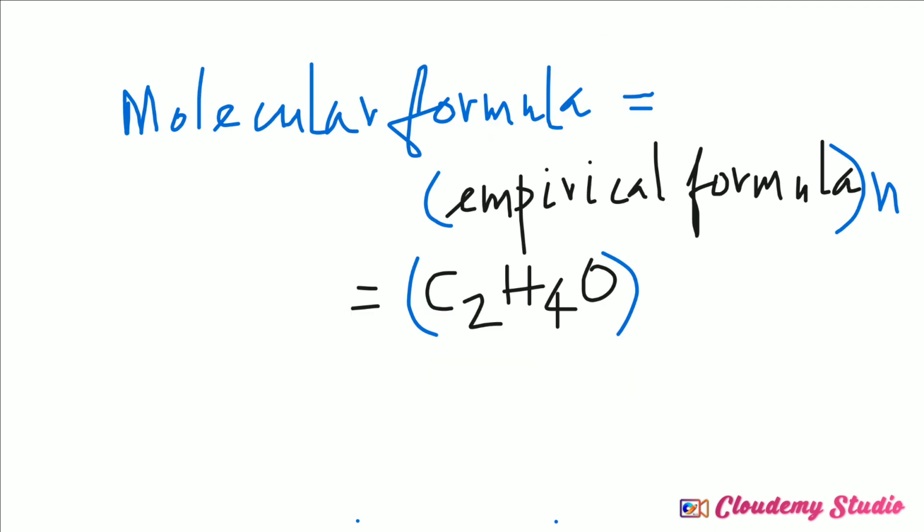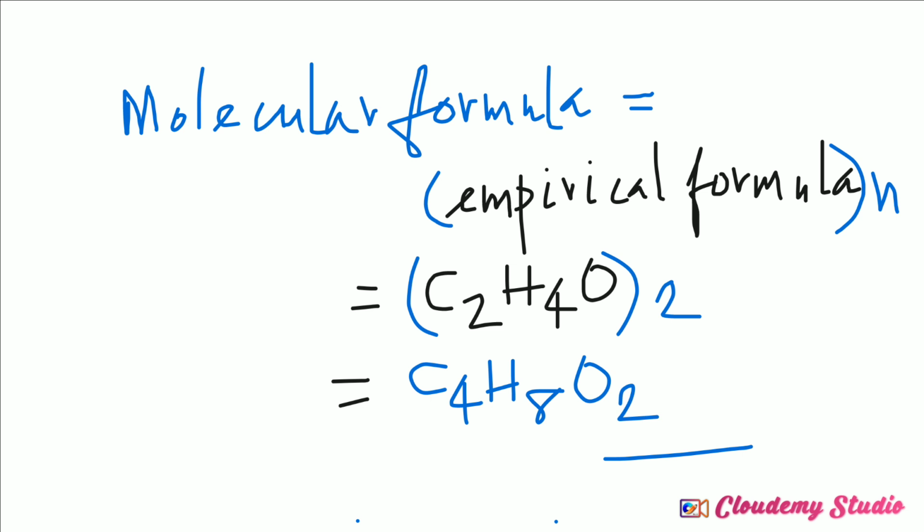So if we multiply this 2 with the formula, the result will be carbon 4 times, hydrogen 8 times, oxygen 2 times. This is the answer. The molecular formula of the given compound is C4H8O2.